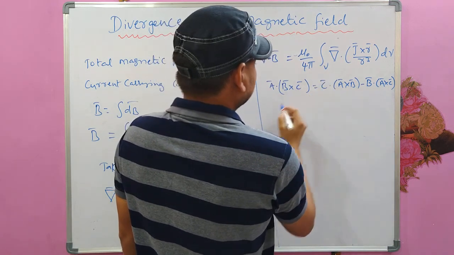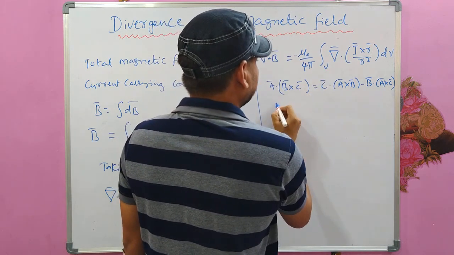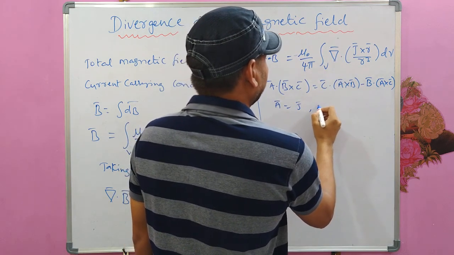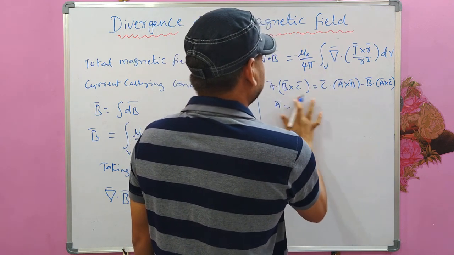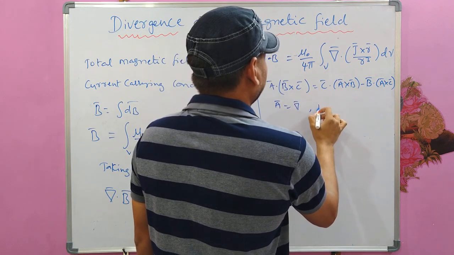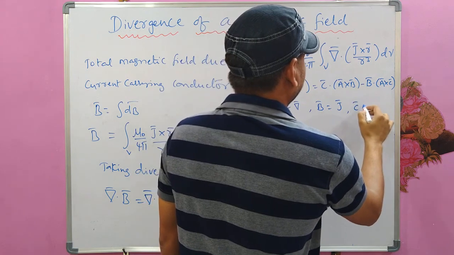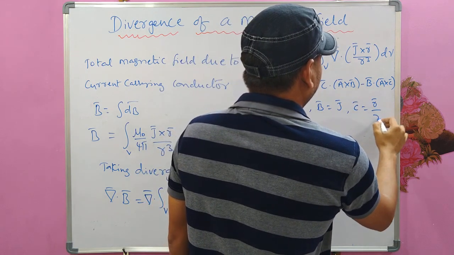Now, using this, A bar is del bar, B bar I am taking as J bar, and C bar I am taking as R bar by R cube.